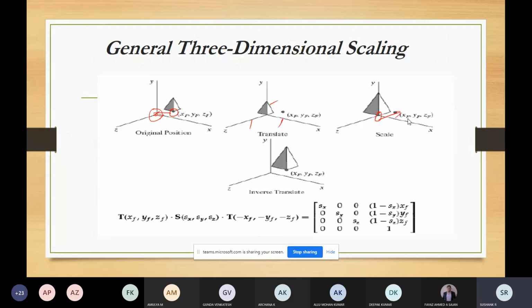So the sequence of operations is given here. First we are moving this object from this position to the origin, which is given by the inverse translation. We are moving the fixed point, minus xf, minus yf, minus zf, meaning moving these points to the origin.